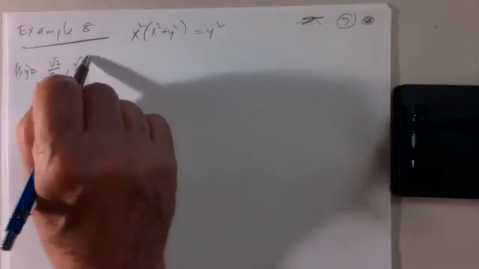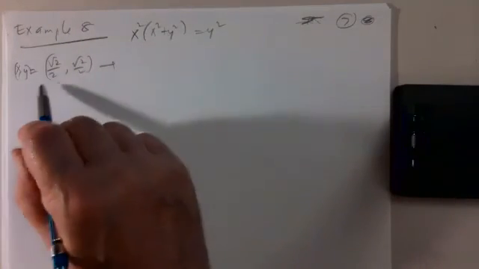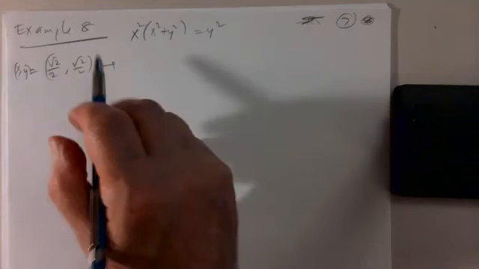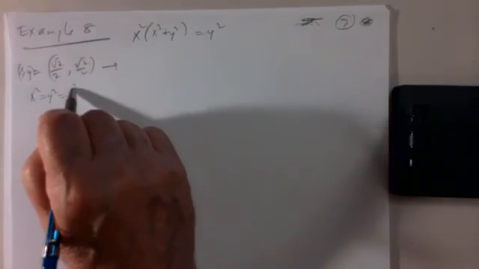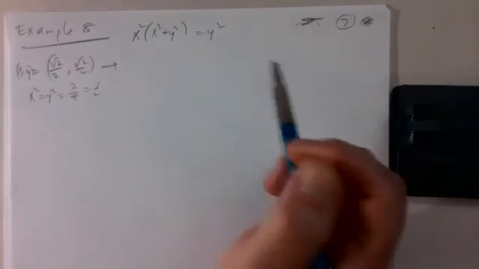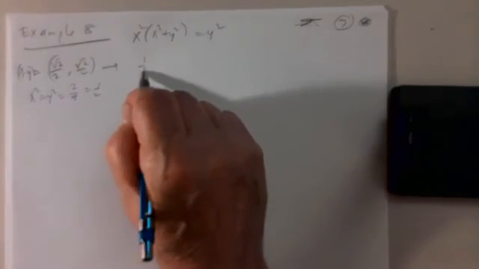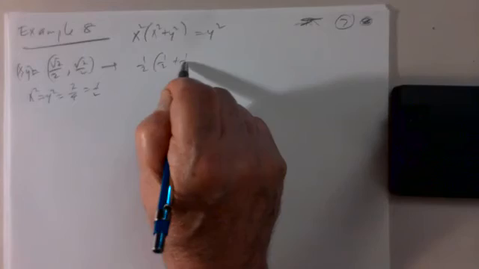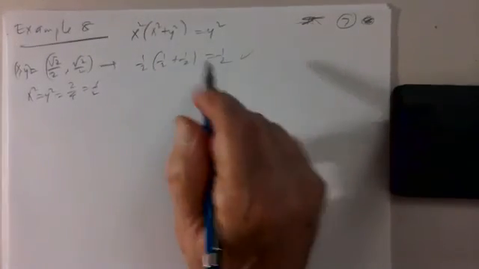And if you look at the point (x, y) equal root 2 over 2, root 2 over 2, that means when you plug into the equation, what is x squared and y squared? So x squared and y squared are both equal to 2 over 4, or a half. So when you plug into this equation, what you get is a half times a half plus a half equals a half, which is true.